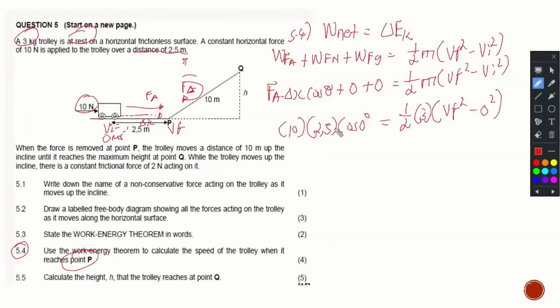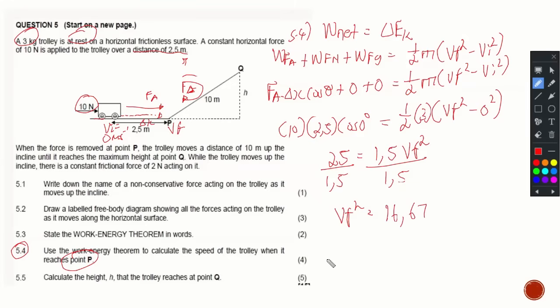And then punching this into a calculator, we have 10 multiplied by 2.5 cos 0 degrees. This will give us 25. And then what is half of 3? So half of 3 gives us 1.5. We have 1.5 Vf squared. Now we can divide both sides by 1.5. Vf squared is now what? 25 divided by 1.5 will give us 16.67.